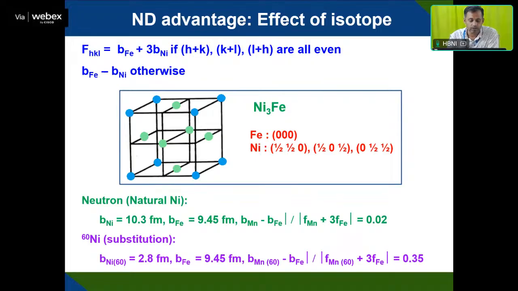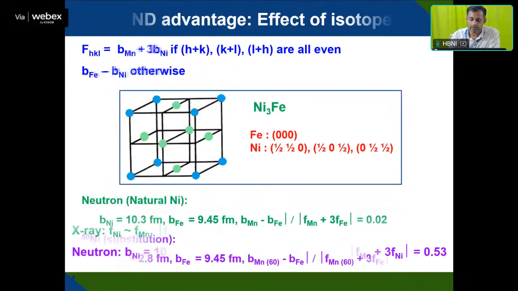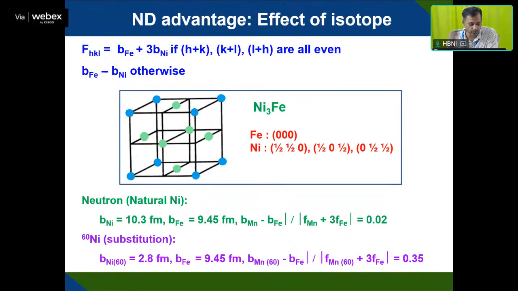Similarly, if you go to Ni3Fe, there is an isotope effect that you can see here, with neutron in cobalt and manganese. Here you have NiFe, where manganese or something else is substituted.